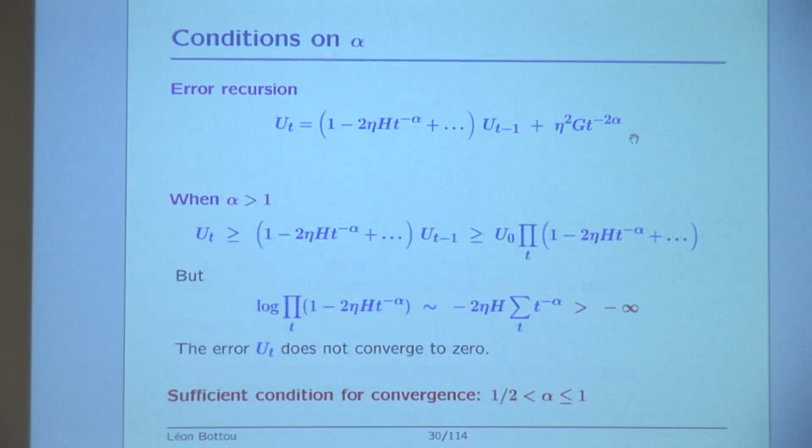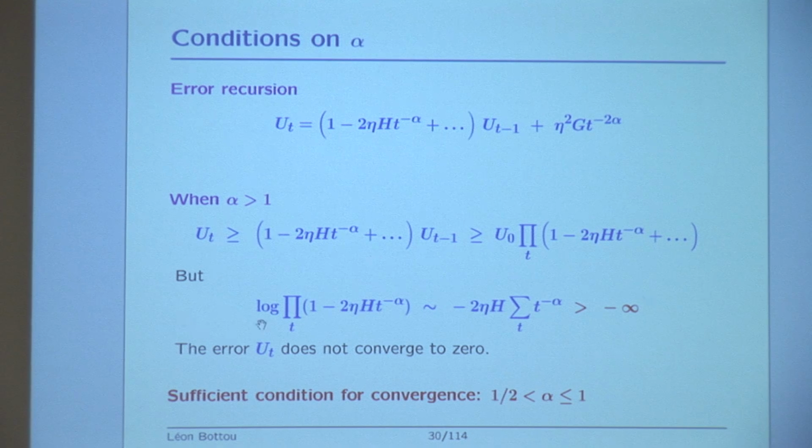So when alpha is greater than 1 now, the extra term is quite small. So I can say that u_t is greater than the first part, 1 minus 2 eta h t^(-alpha) plus dot dot dot u_(t-1), which is greater than u_0 times the product of this thing.